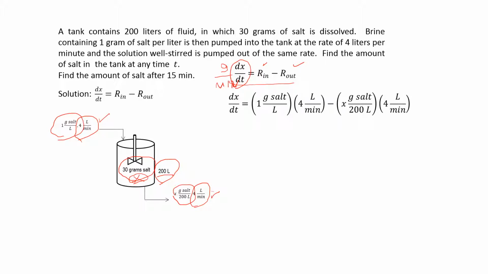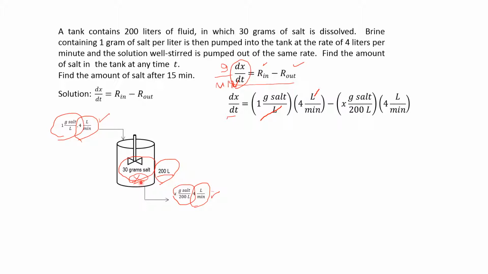How do you get grams per minute? You just multiply 1 gram per liter times 4 liters per minute. The liters will cancel out, and you will have grams per minute.